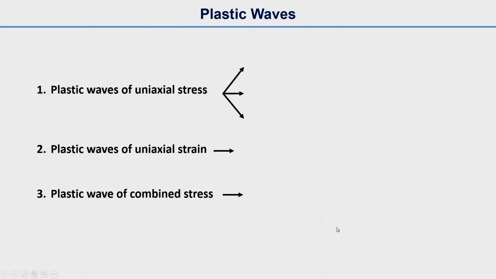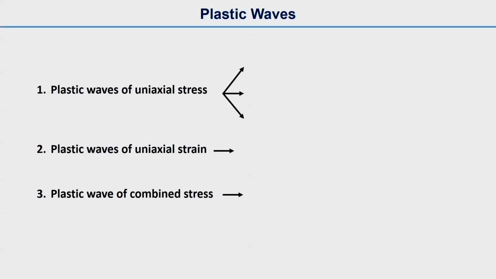So basically we will discuss here three types of plastic waves: the plastic waves of uniaxial stress, plastic waves of uniaxial strain, and plastic waves of combined stress. That we have even discussed in a few slides earlier.